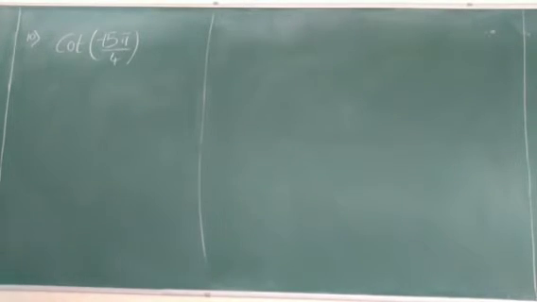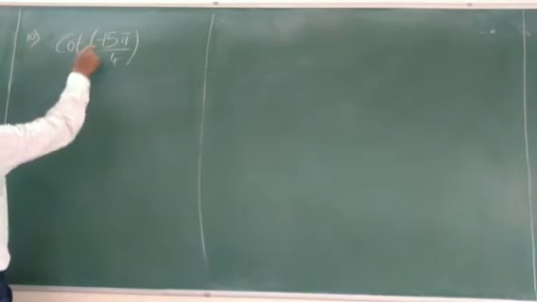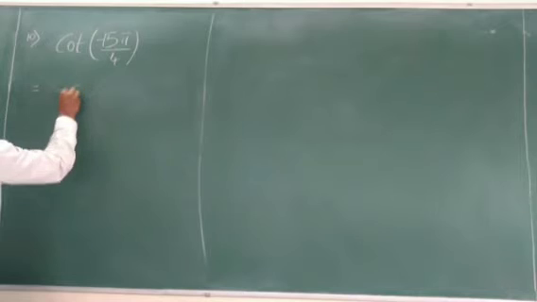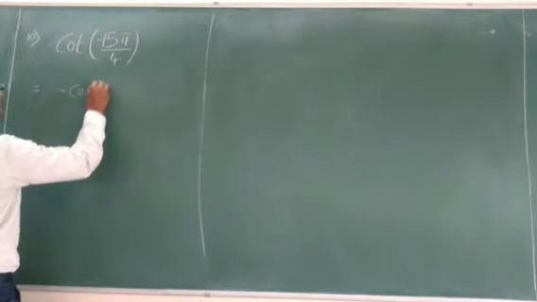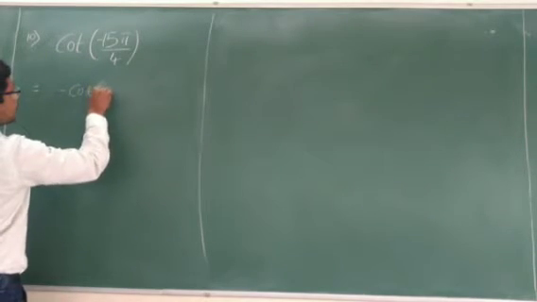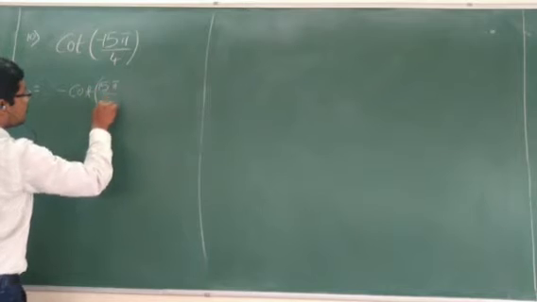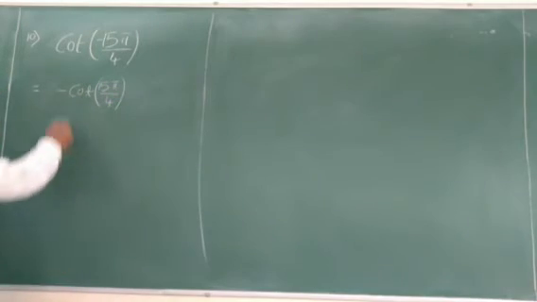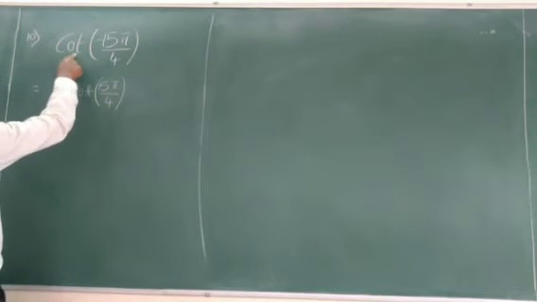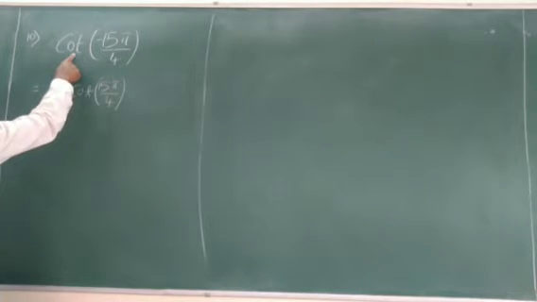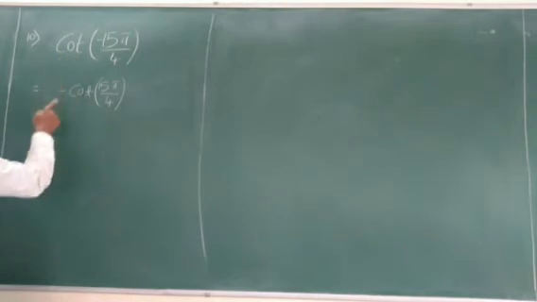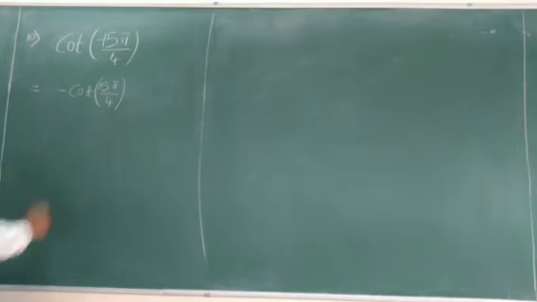Okay, the last question, cot of minus 15 pi by 4. Again, cot of negative will become minus cot only. So, minus cot 15 pi by 4. Only for cos and for reciprocal, secant, only for cos and secant, we get this minus as positive.